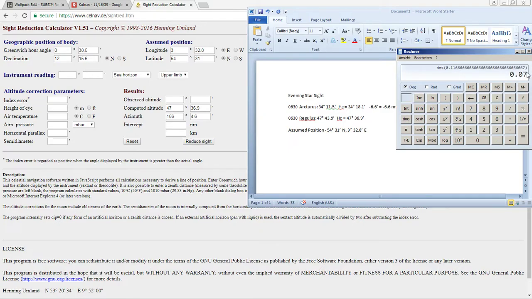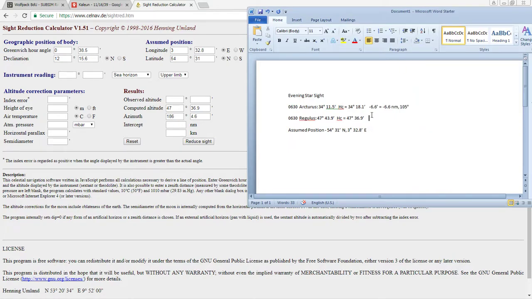It's actually 7 minutes, or 7 miles toward. So plus 7 minutes, which equals 7 nautical miles, at an azimuth of 186 degrees.